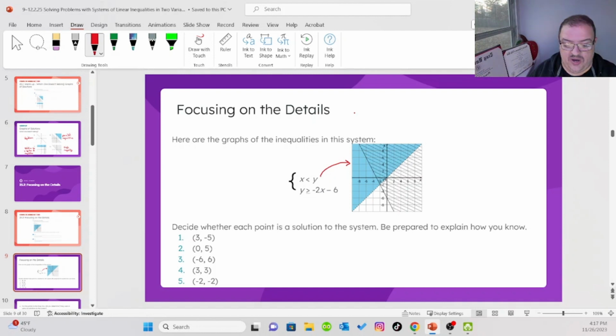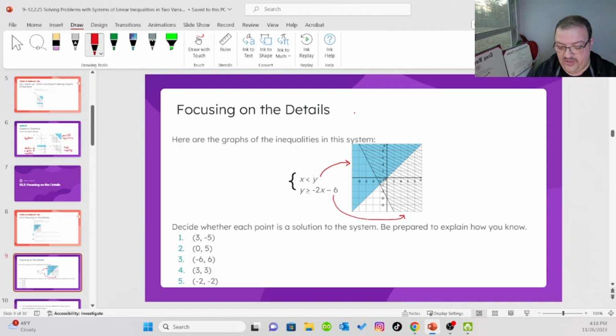Then we have y is greater than or equal to negative 2x minus 6, and that is represented by the line shading and the solid line that creates it. They want us to decide whether each point is a solution to the system. Be prepared to explain how you know.